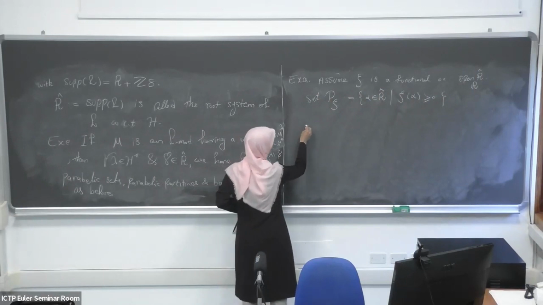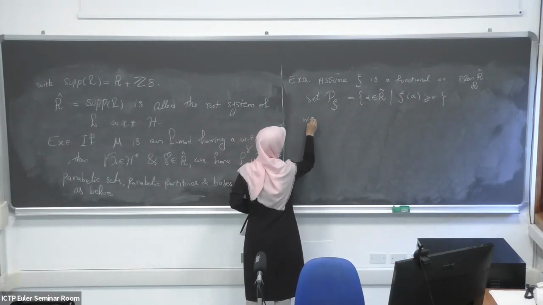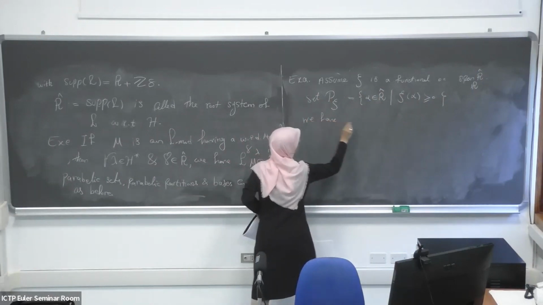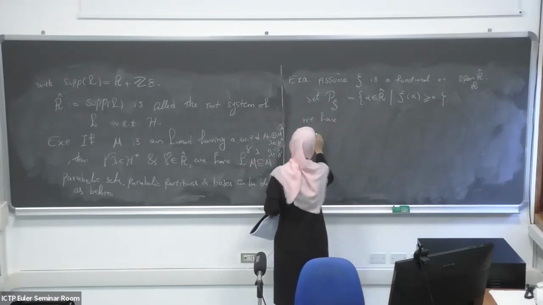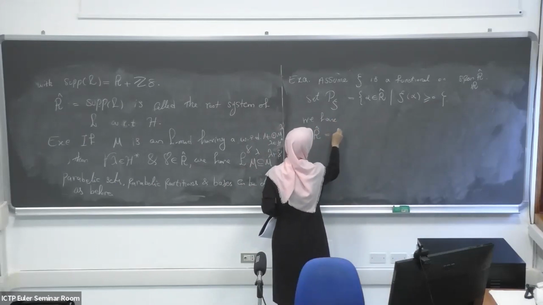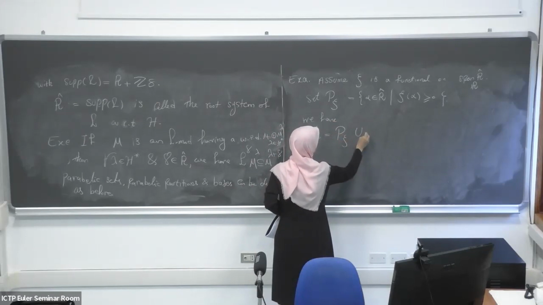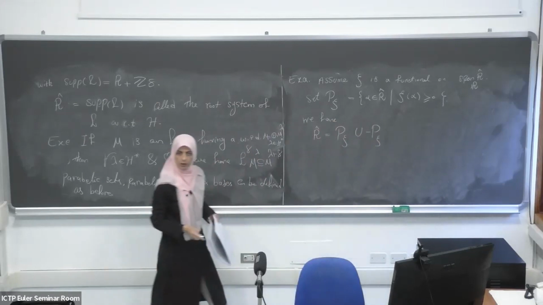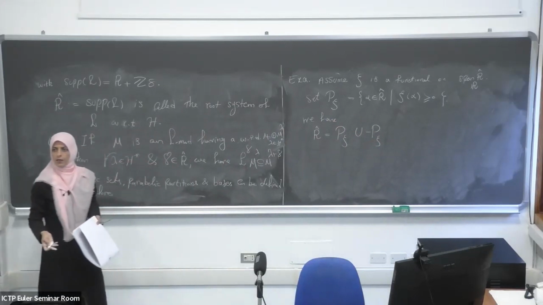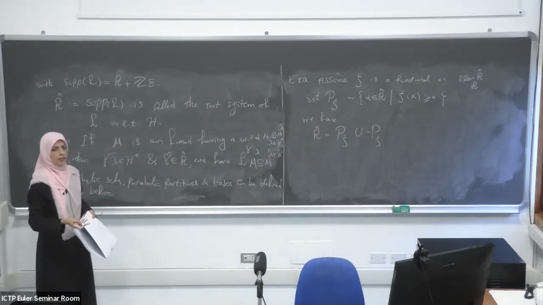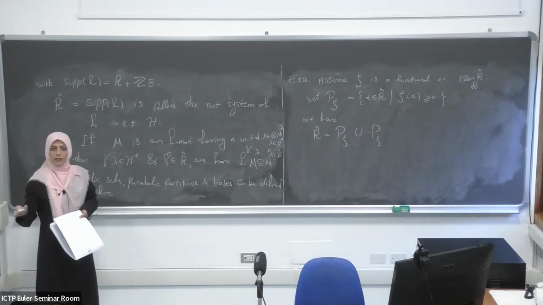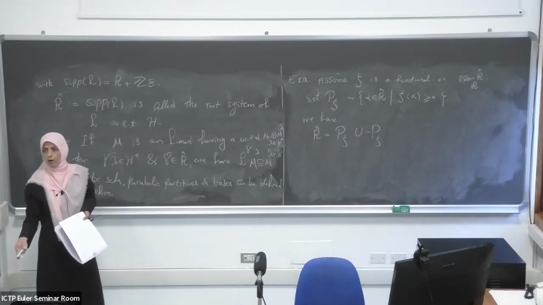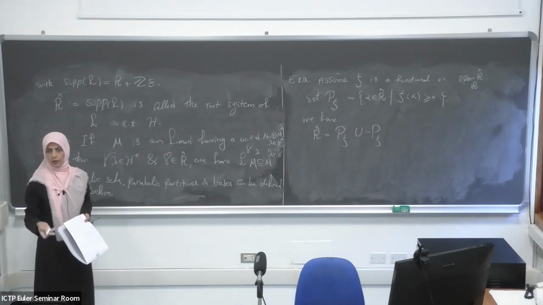It is clear that R hat is P zeta union minus P zeta, right? Because if you have an element, zeta alpha is either greater than or equal to 0 or less than or equal to 0.